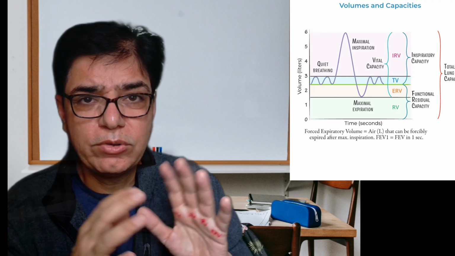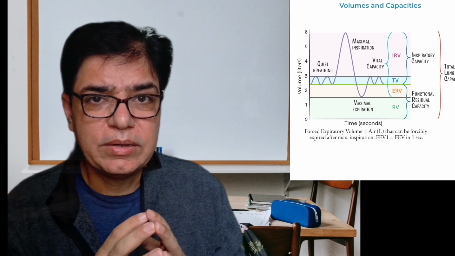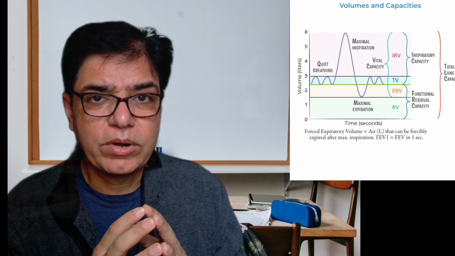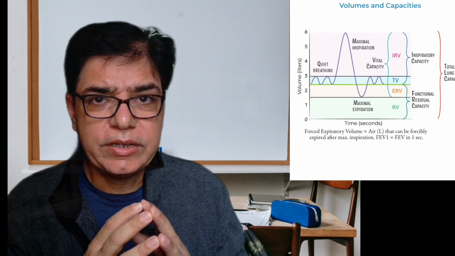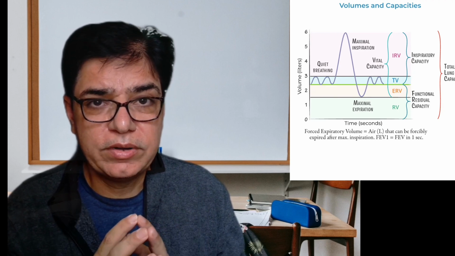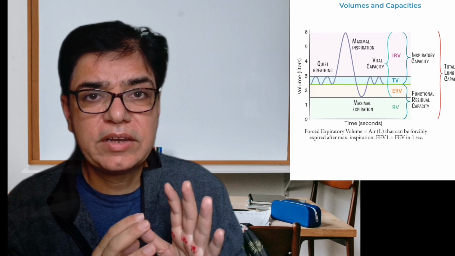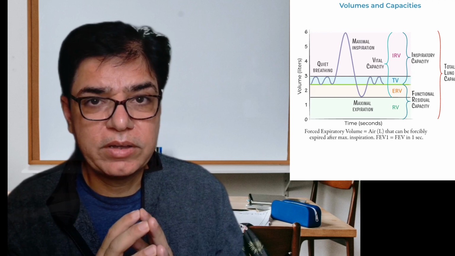So when we are doing spirometry and all these tests to see what the inspiratory capacity and the vital capacity are, we are actually looking at whether this is a restrictive lung disorder or an obstructive lung disorder. But remember that the residual volume, the amount that is left inside, you cannot measure by simple spirometry alone.